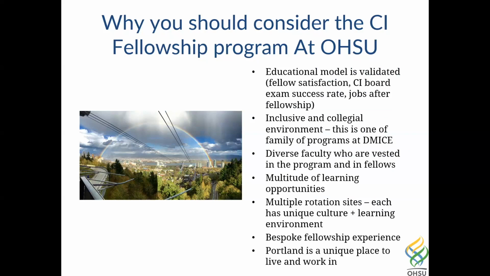Our environment is inclusive and collegial, and I'd mentioned that this is one of the family of programs at DMICE, and there's a lot of connection between our clinical informatics fellows and students at other programs, whether they are taking online courses together as part of their didactics, or whether they're participating in things like journal club or research conferences.